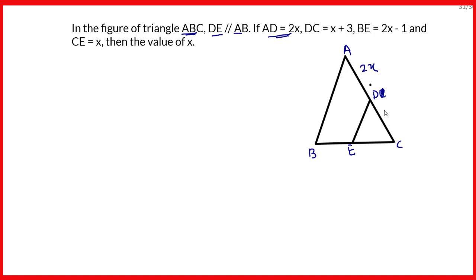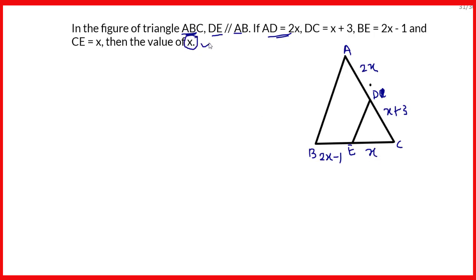Also BE is equal to 2x minus 1, and CE is given as x. We have to find the value of x.